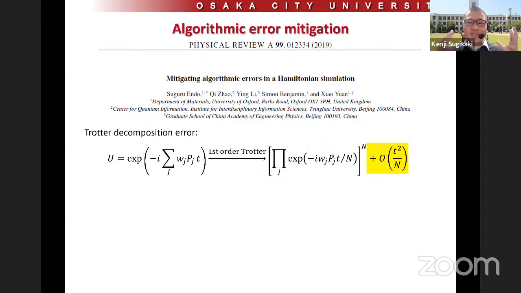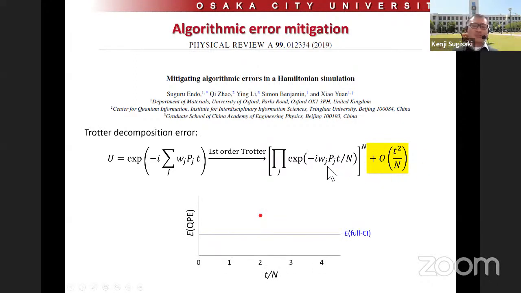But we can decrease this n. Of course, if we decrease n, the error becomes larger. But let us think about the quantum phase estimation with t over n equal to 2. If we apply quantum phase estimation with t over n equal to 2, we obtain this energy. And the true energy is somewhere around here.